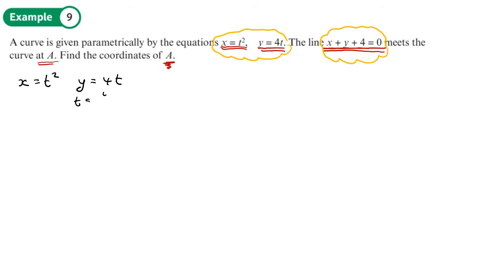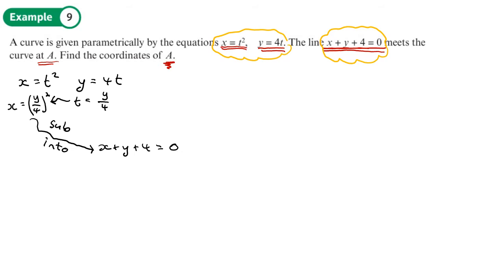So I've got t equals y over 4. I would then substitute that into this one over here. So I've got x equals y over 4 all squared. I can leave it like that, and actually it might make sense to leave it like that because now I want to substitute that into this x plus y plus 4 equals 0.